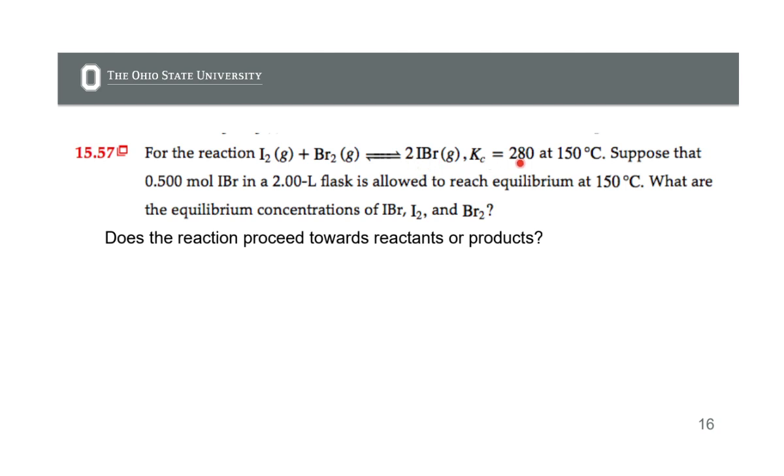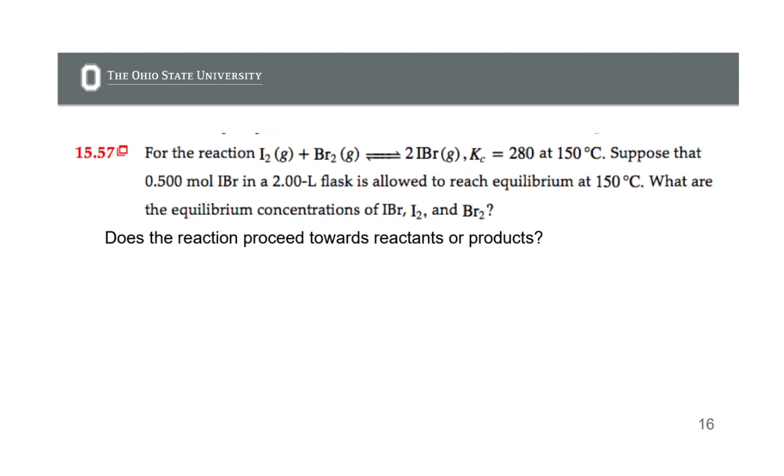There's an equilibrium value of 280 at 150 degrees C. If we put 0.5 moles of IBr in a 2-liter flask and allow it to reach equilibrium, what are the equilibrium concentrations?